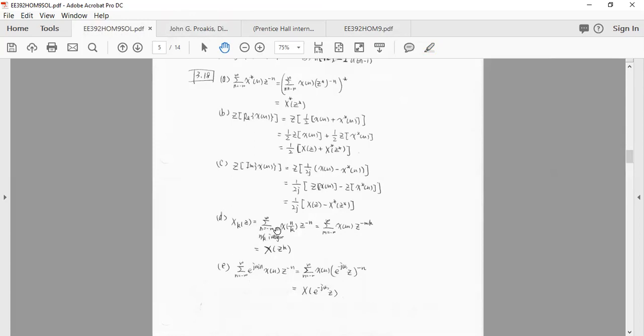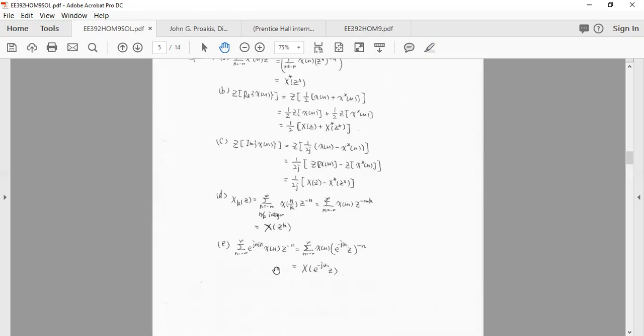If we do the z transform using the definition, we'll get this sum, and then we can substitute m is equal to n upon k. We'll get this particular part, which is equal to x of z to the power of k, right? So again, we have proved that.